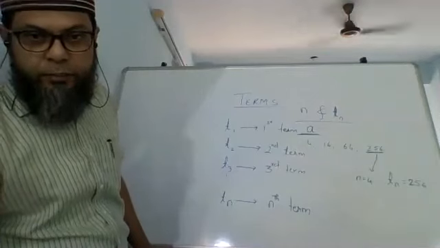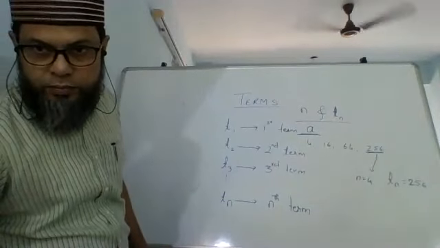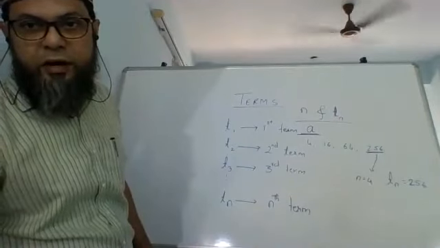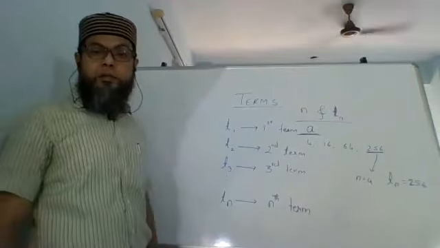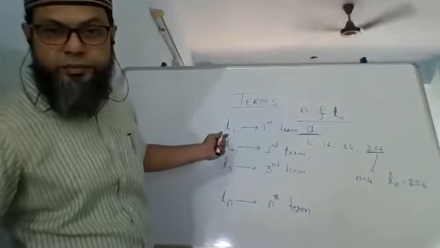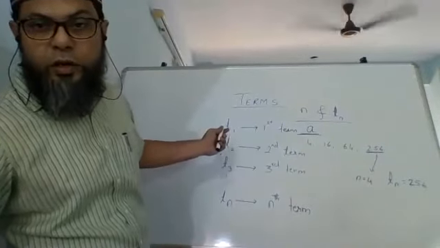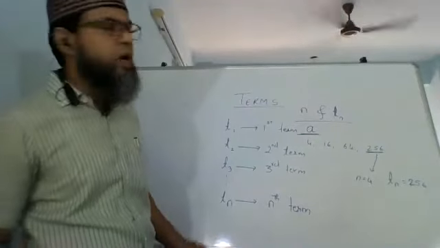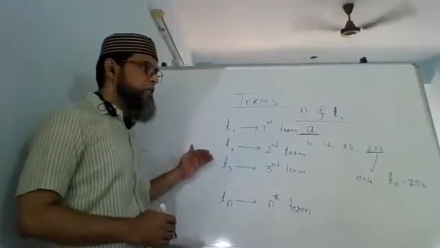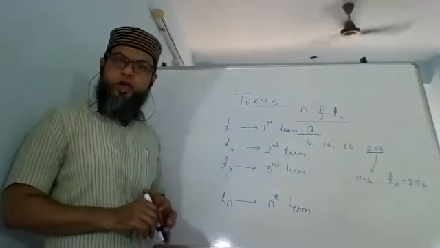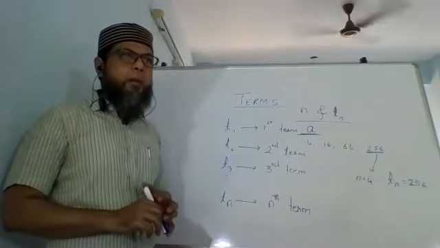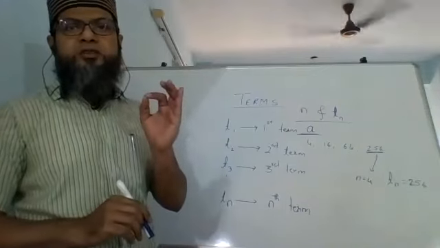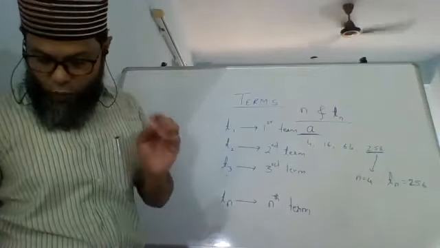So let's proceed. Now let's come to the next important part, which is the heading of this chapter, that is arithmetic progression. Now what is arithmetic progression? Arithmetic progression is also a sequence, but a special type of sequence. इसमें सिर्फ और सिर्फ एक speciality है. वो क्या है?